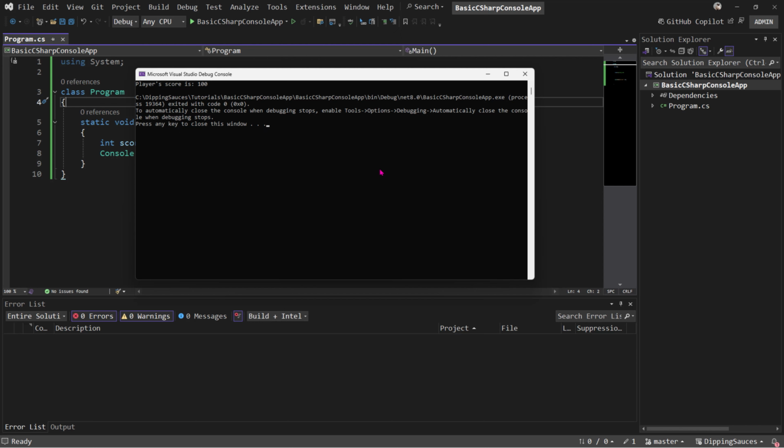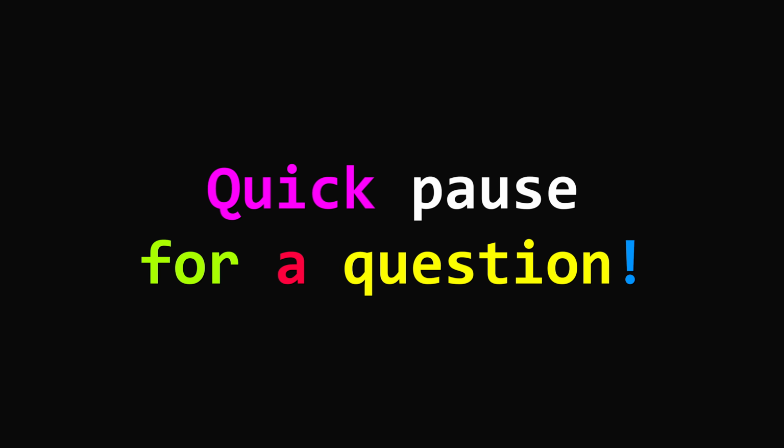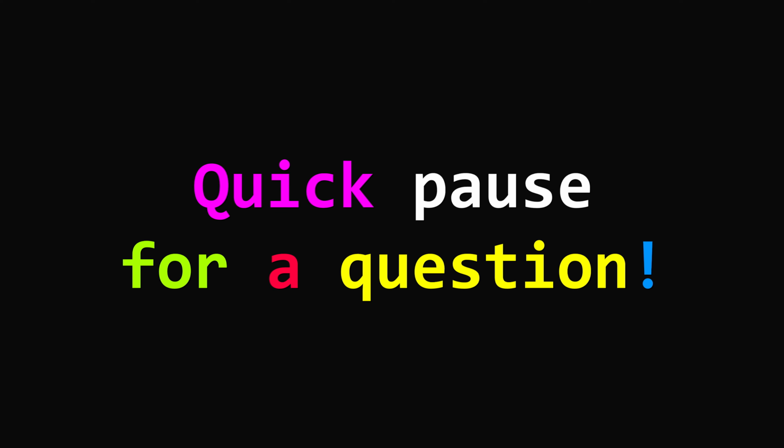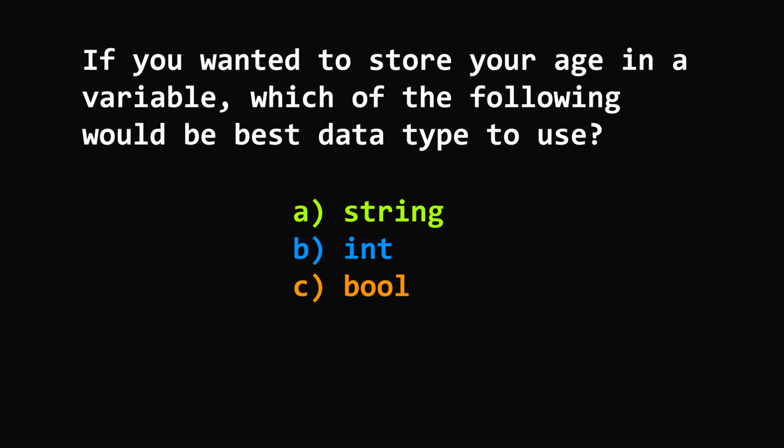Okay, let's close the console window by pressing any key on the keyboard or just click the X icon on the top right. Alright, let's pause for a second and make sure everything's clicking so far. Here's a quick question for you. If you wanted to store your age in a variable, which of the following would be the best data type to use? A. String.